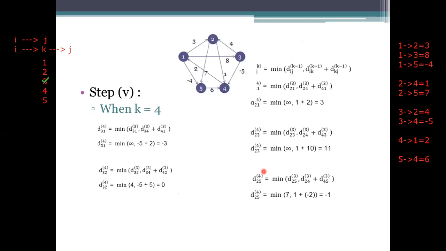When k equals 4, what happens here? When k equals 4, why are we having this much processing here? If you see, k is being used with the incoming nodes as 3, which means there are multiple edges incoming to this 4, and there will be a chance to update the values here.